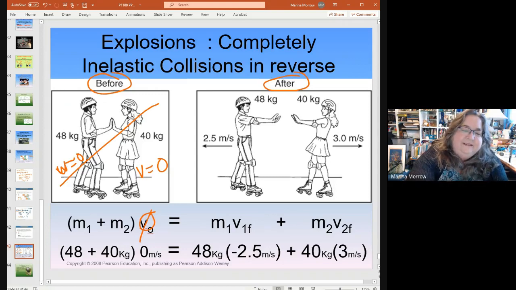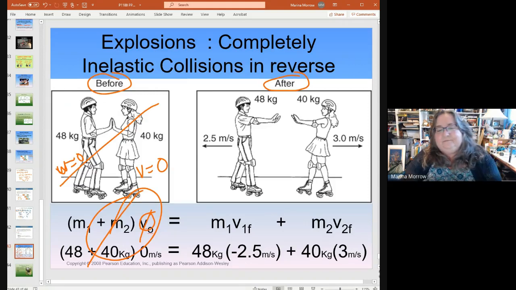So this whole side is just a big 0 because they're standing still. But on the other side, they're moving. You might think, where did that come from? Well, it comes from them pushing off each other. There's a force, and it pushes for a time, and it changes their momentum. Impulses change momentums.